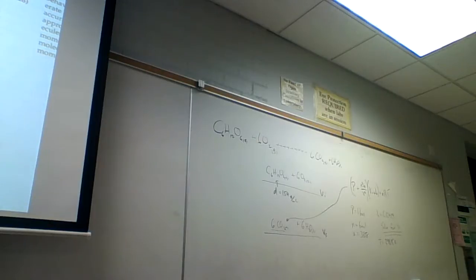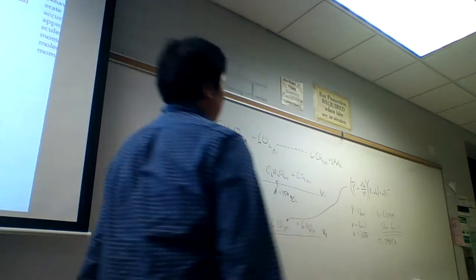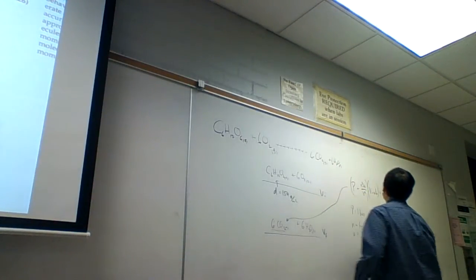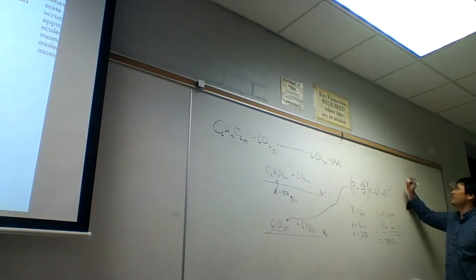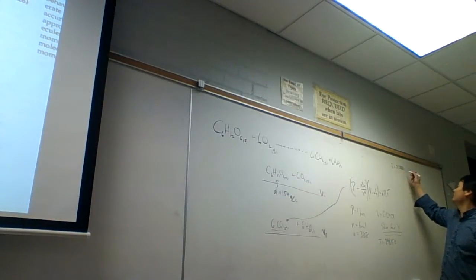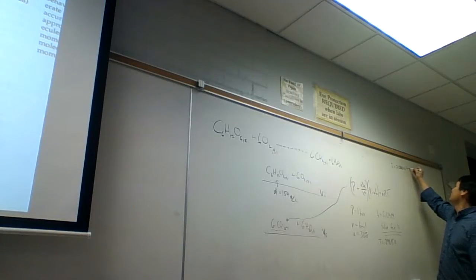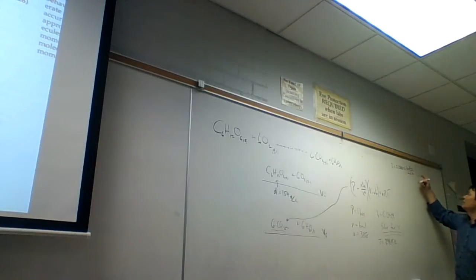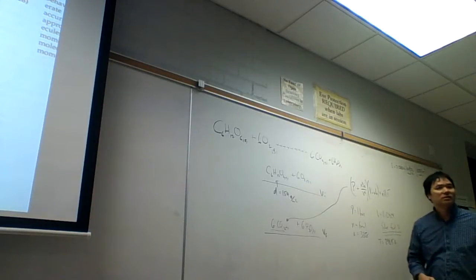Oh, you'll need one more thing, huh? The R value. Well, the R value, we'll just use our standard R, because most people have this memorized, 0.08206 liters times atmosphere per mole Kelvin, and then we're just going to convert it into bar. 1.01325 bar per atmosphere. All right?